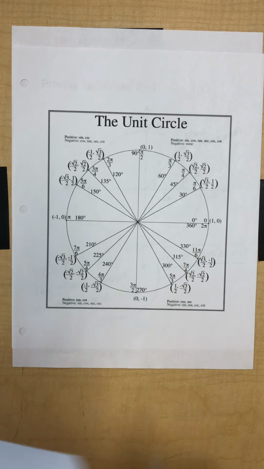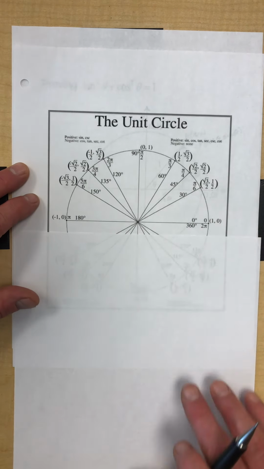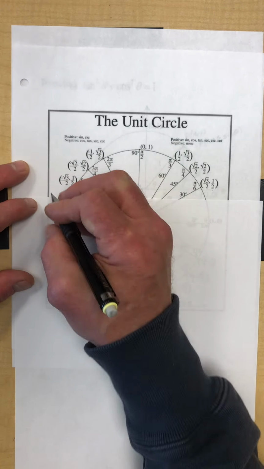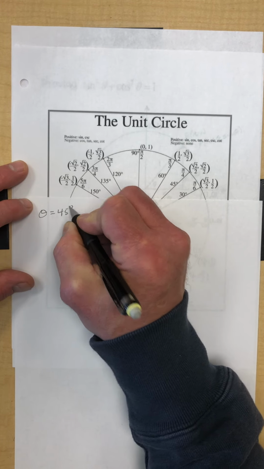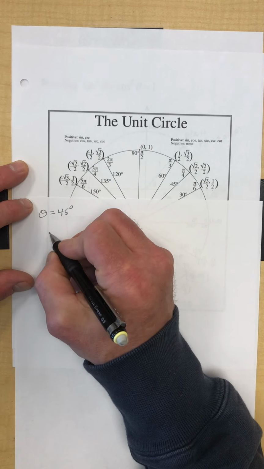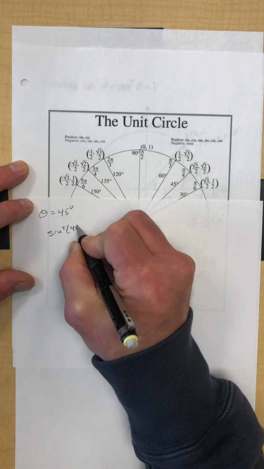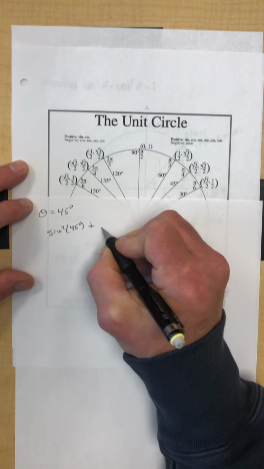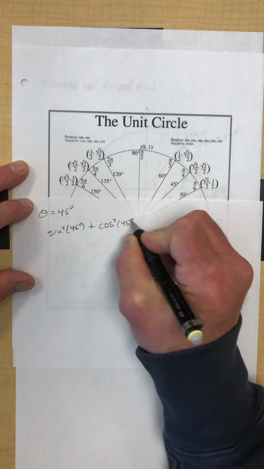Let's suppose I'll just stay in quadrant 1 because it's so easy to work with, and let's suppose we go with 45 degrees. If I let theta equal 45 degrees, which obviously is the same as pi over 4, and I say sine squared of 45 degrees plus cosine squared of 45 degrees, that has to give me 1.